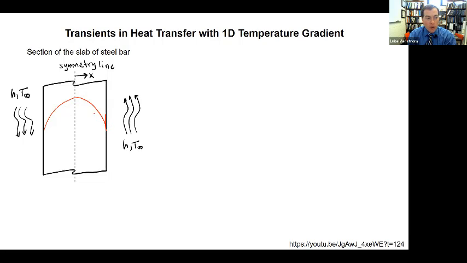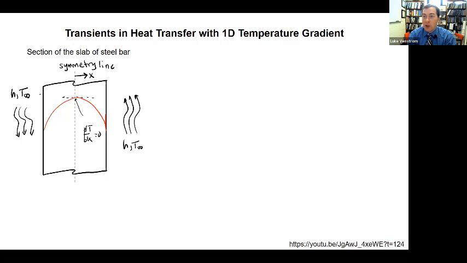But what's important with the symmetry is that at the middle, right here, the slope of this line is what? Zero. It's 0, okay? So that means dT/dx is equal to 0 right here.